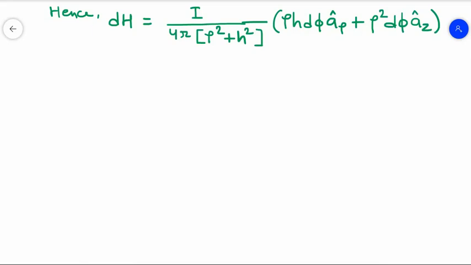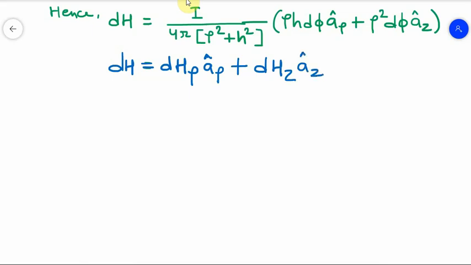If we consider this term multiplied along the a rho direction, and this term multiplied along the az direction, as a whole we can write dh equals dh rho a rho plus dh z a z.